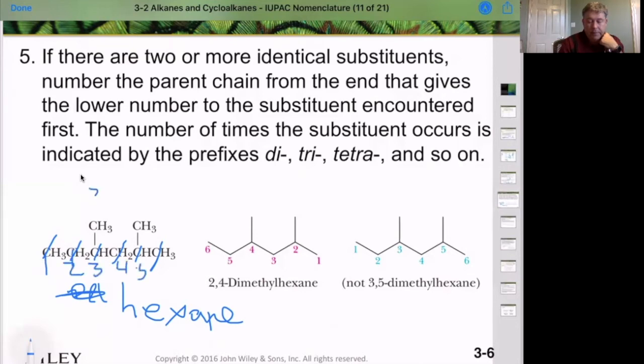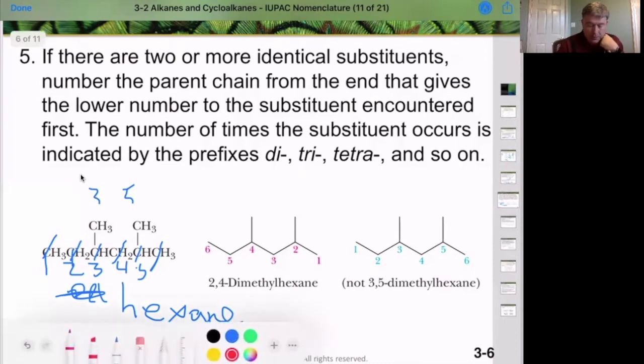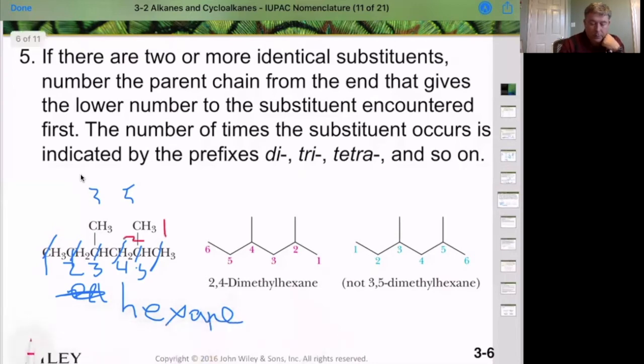And so we'd have a 3 and a 5. If we numbered the other way, let me change it to red, it would be 1, 2, 3, 4, 5, 6 right here. So our substituents would be on the 2 and the 4, okay?